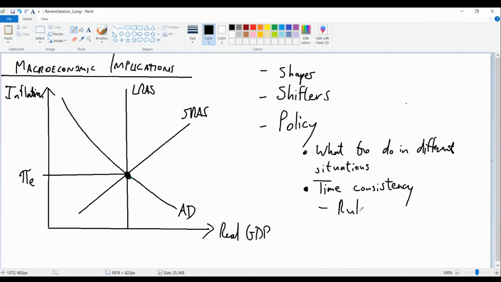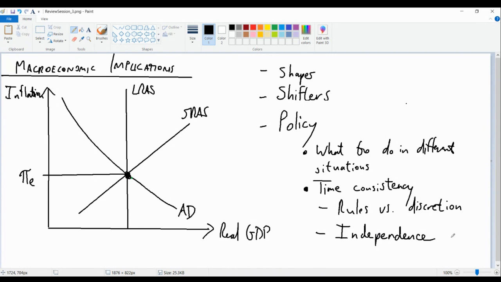So that brought two possible solutions. One was the idea of using rules in policy versus discretion. And we also discussed the idea of constrained discretion, which is probably what the Fed does. And the other was this discussion of independence of the Fed from political interference.